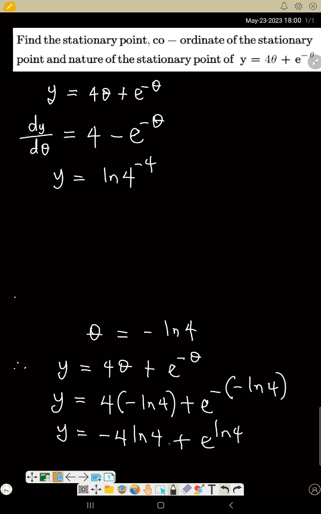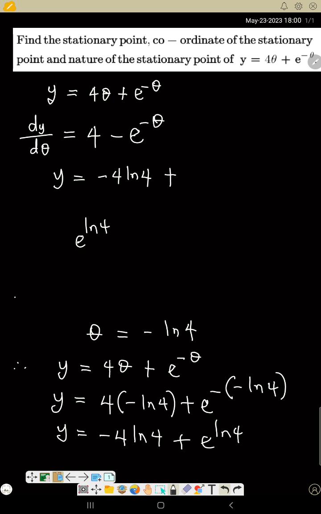So if I take this back, or I can leave it like that. So minus 4 ln 4 plus, now what is e raised to power ln 4?